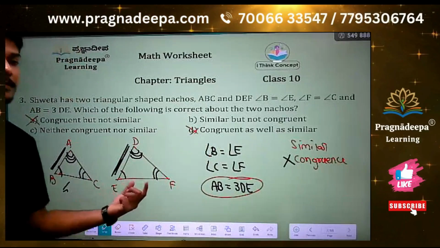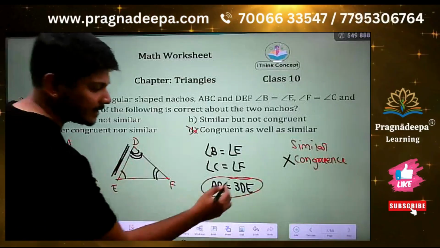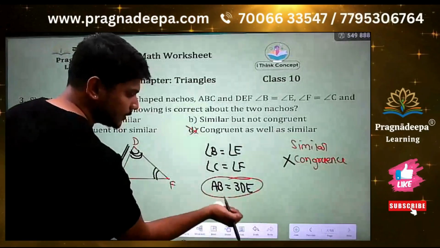Next task is to find whether it is similar or not. AB is equal to 3 times DE, which is the same as AB by DE is equal to 3.